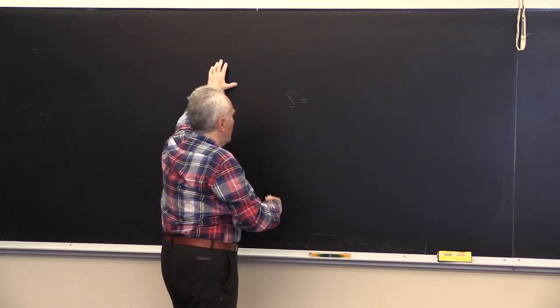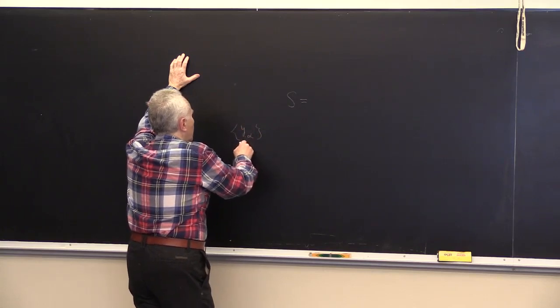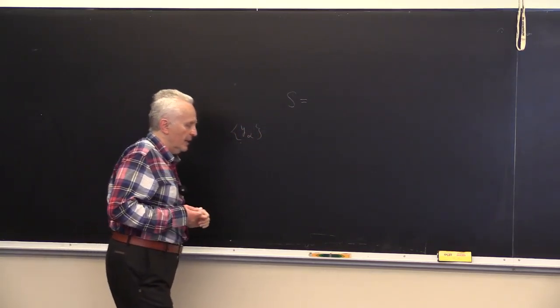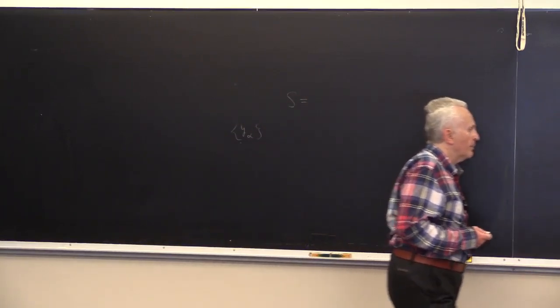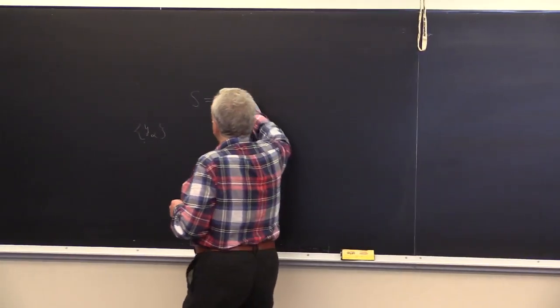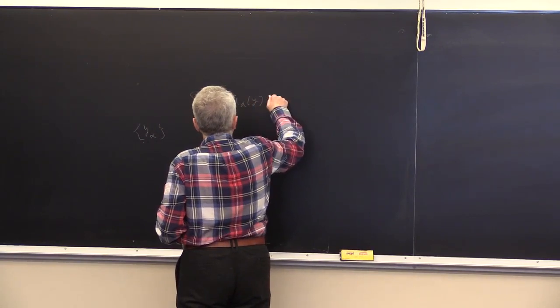First of all, we introduced the notion of the phase space, which is 2n dimensional, which is double the dimension of the configuration space.